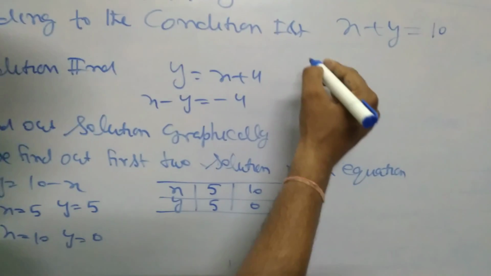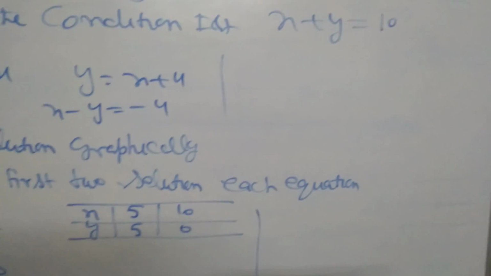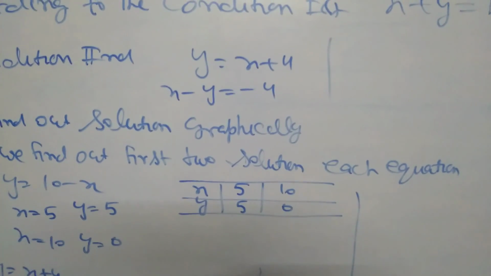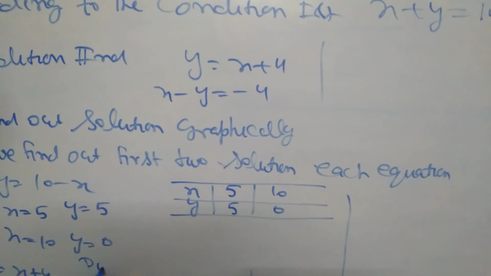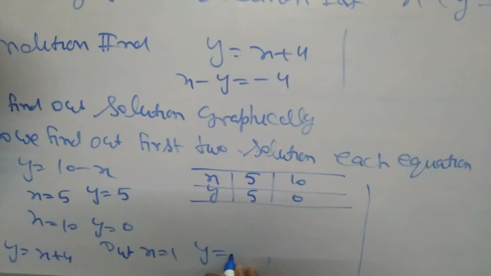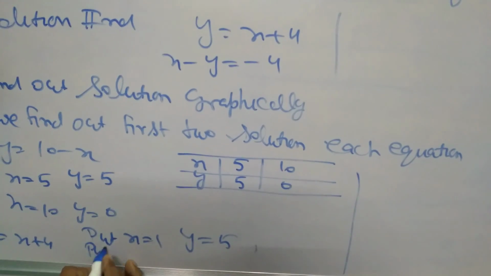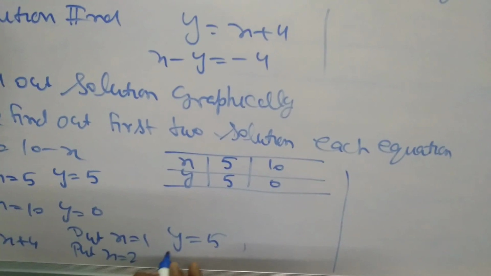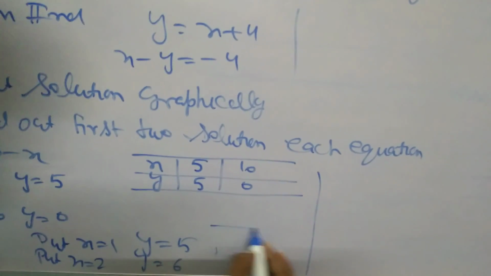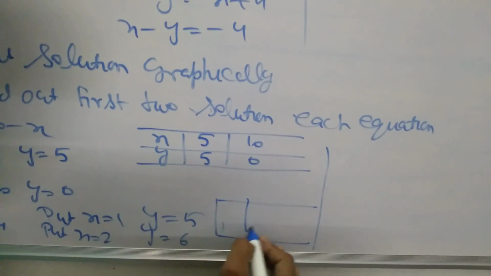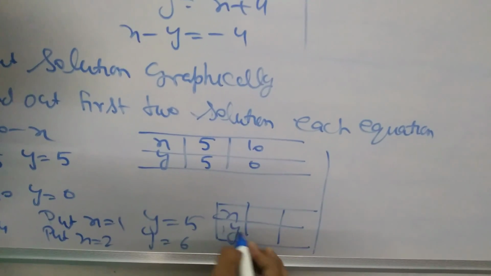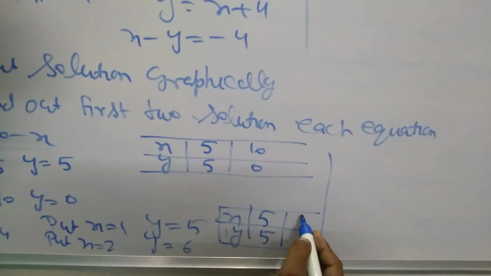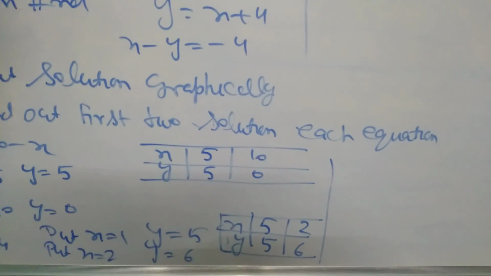Similarly, we find out the other solution. y is equal to x plus 4. Put x equal to 1, then we get y is equal to 5. Put x equal to 2, y is equal to 6. x equal to 1, y is equal to 5. x equal to 2, y is equal to 6.